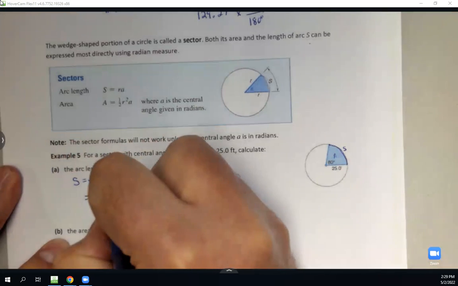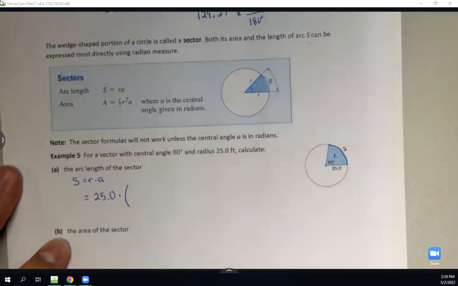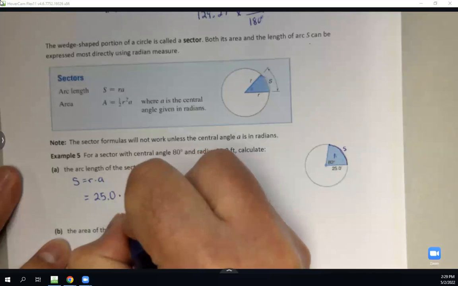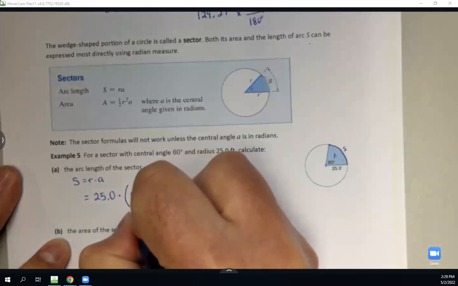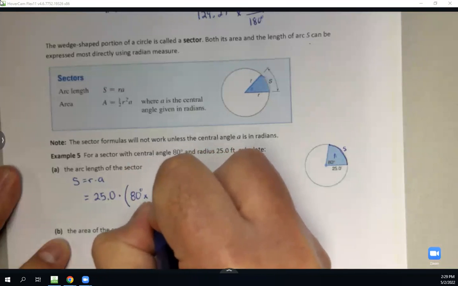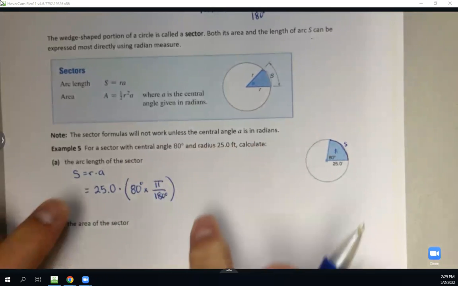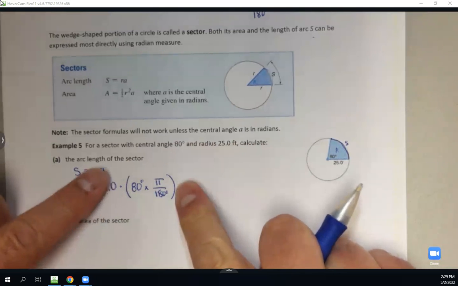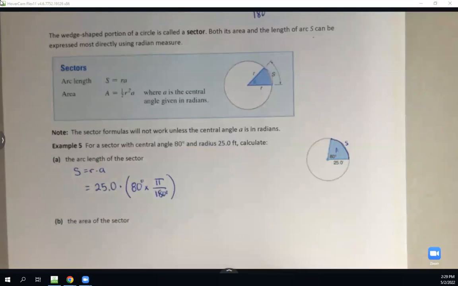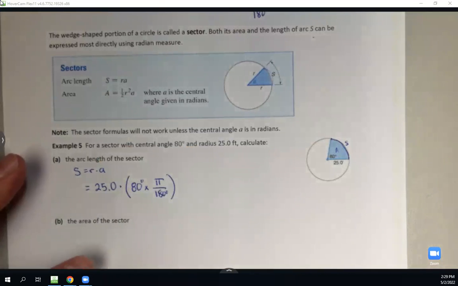Then I'm going to multiply that by my angle. Now my angle is 80 degrees, but I can't have it in degrees. I have to have it in radians. So I'm going to take the 80 times pi over 180, so that it'll be in radians, and then multiply by the 25.